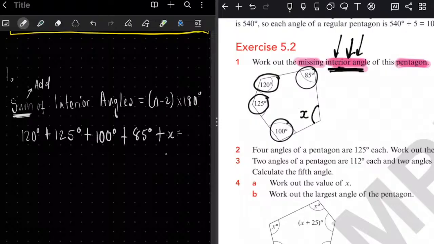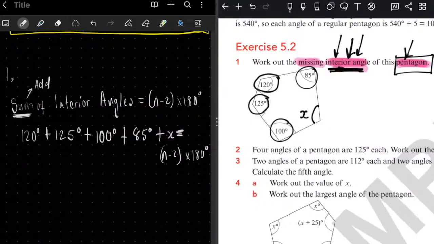This is equal to what? All this is equal to n minus 2 times 180 degrees. And what is n? The number of sides. Here they told you it's a pentagon. Pentagon has how many sides? 5.